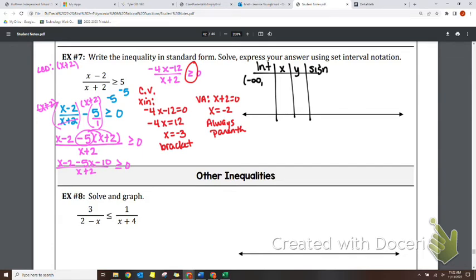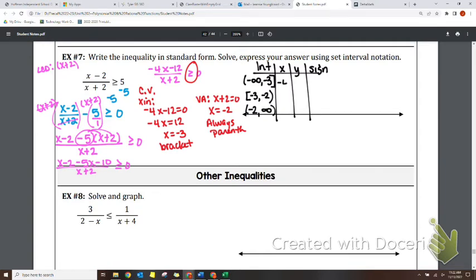So negative infinity to the smaller one, which is negative 3. And we said we're going to put a bracket at the negative 3. So the negative 3 to negative 2, which we said is going to have a parenthesis. And negative 2 is our biggest one, so it goes to infinity.